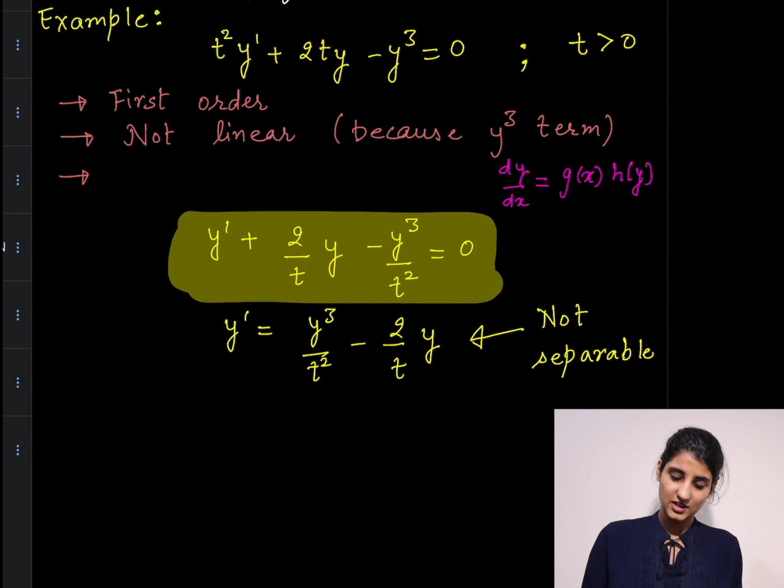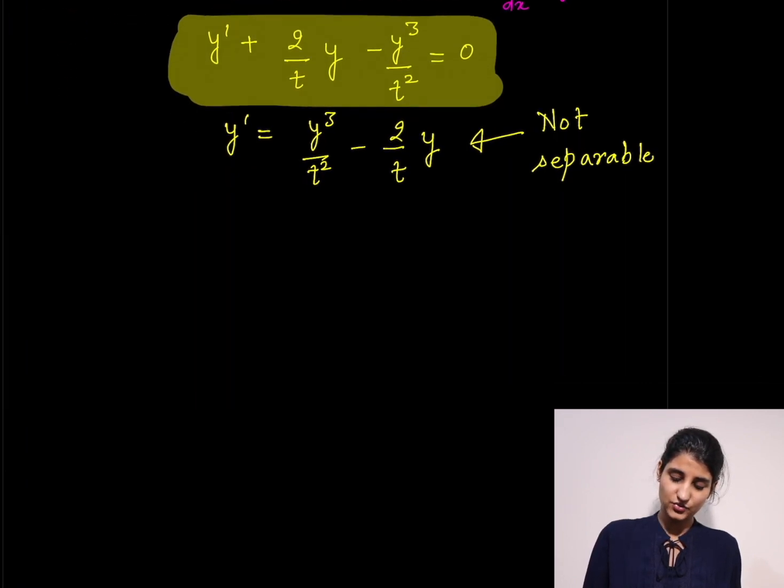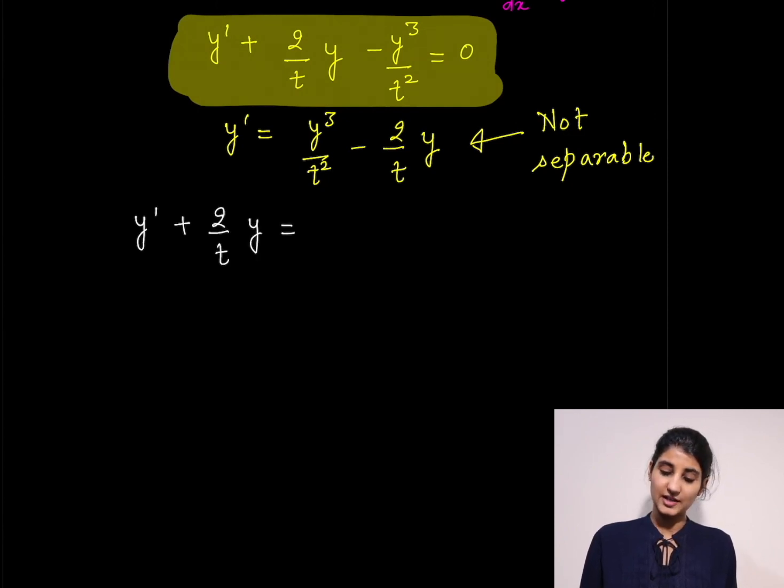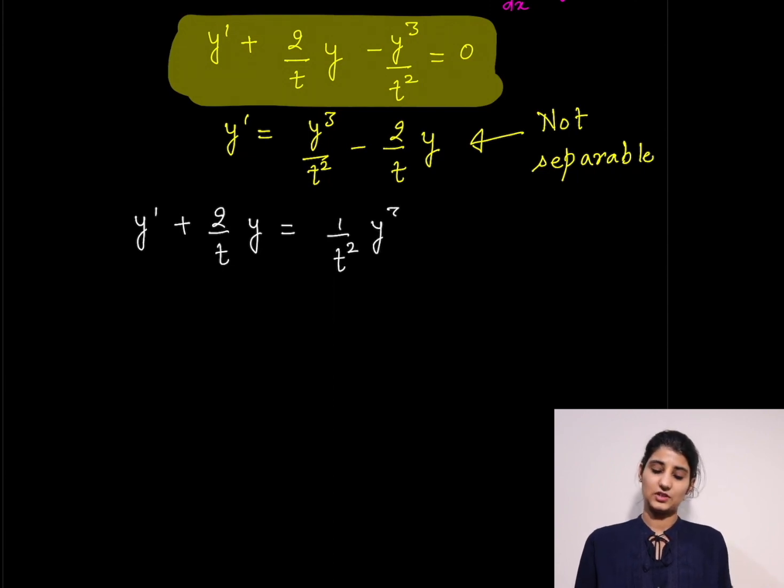We can write it as: this is first order, we have a y term, and everything else we put on the right hand side, so 1 over t squared times y cubed.